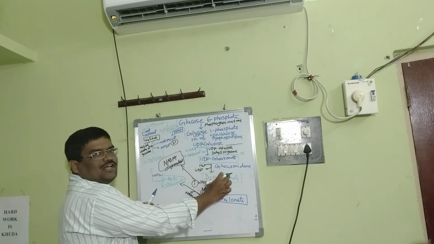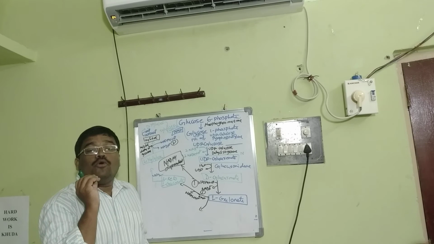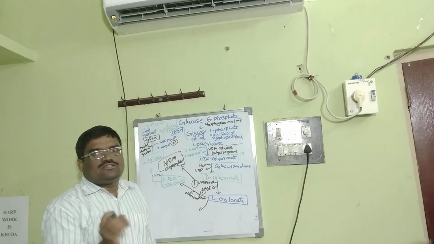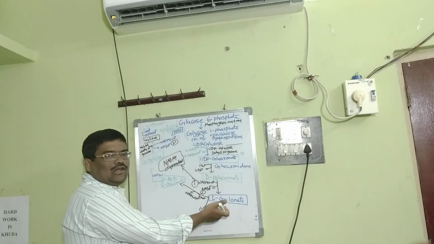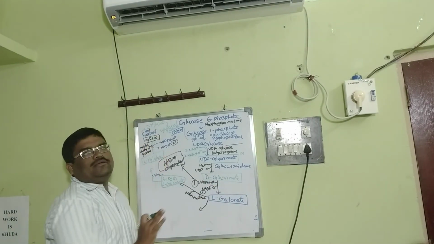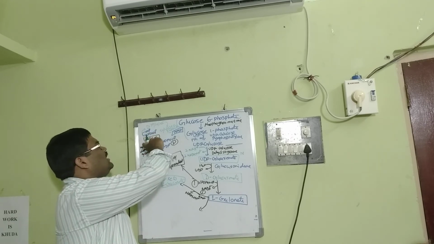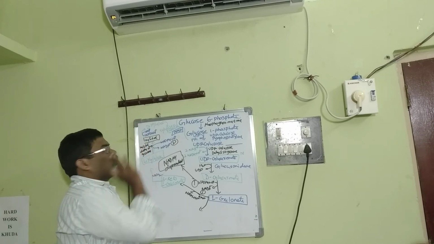The first one is conversion of D-glucuronate to L-gulonate. In examination they may ask how many NADPH-dependent reactions there are in the uronic acid pathway. Number 1, D-glucuronate to L-gulonate. Number 2, L-xylulose to xylitol. Then finally D-xylulose is formed by oxidation of xylitol.